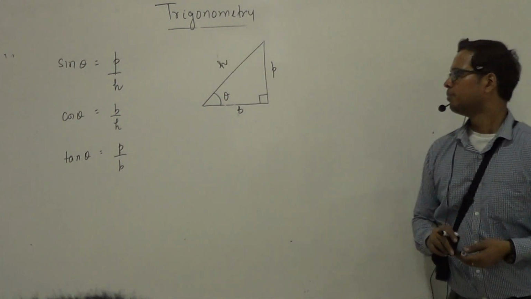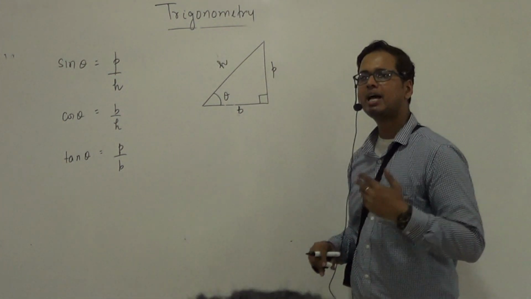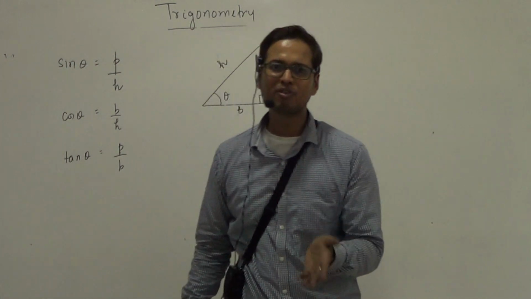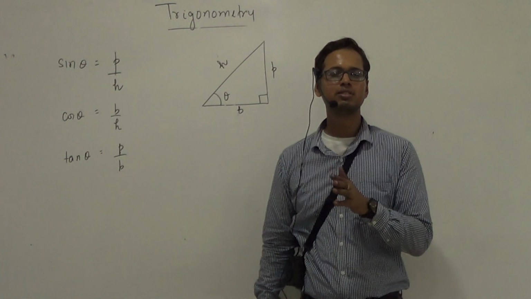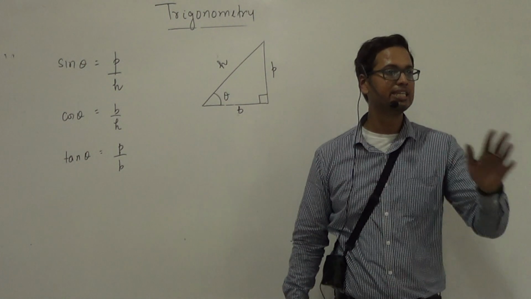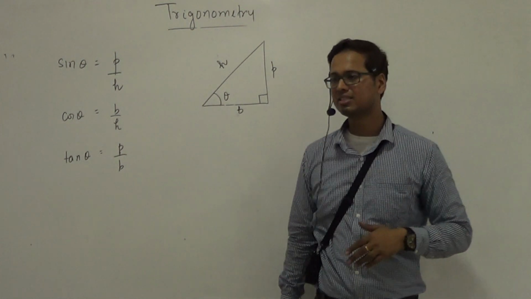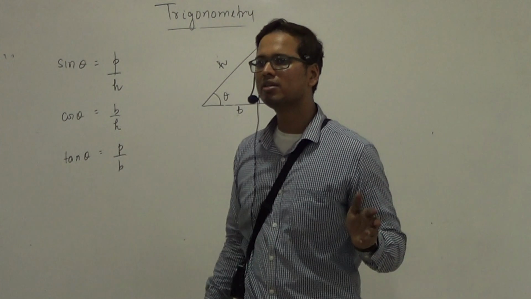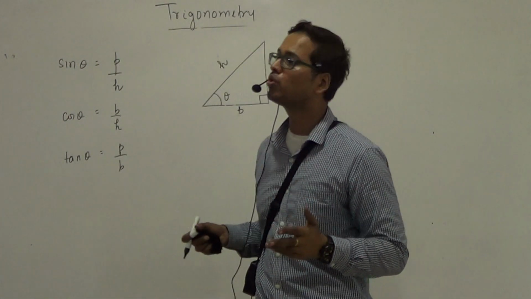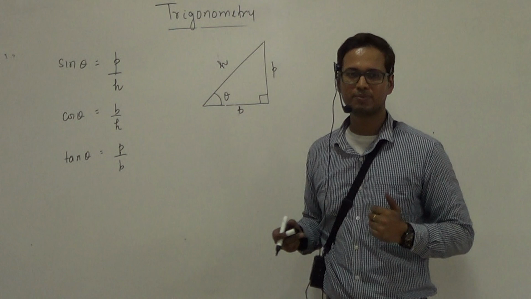Right? But in reality, we actually apply it to a reference triangle made from any angle which I want, and hence it can be applied to any triangle I want to. In fact, it is not limited to a triangle. I can choose such angles which go beyond 180 degrees as well.